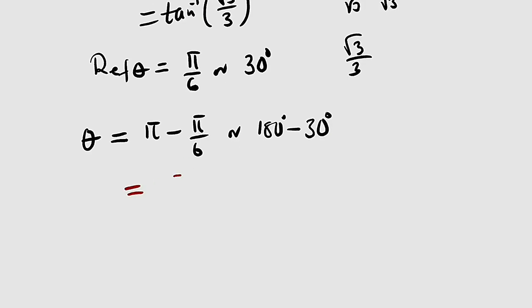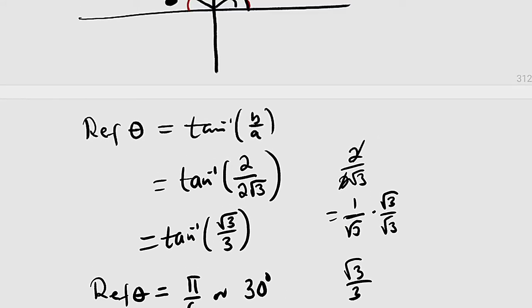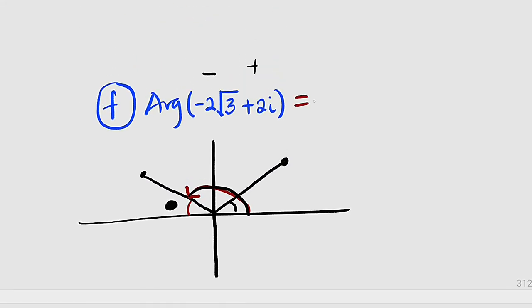This is equal to 5 pi by 6 or 150 degrees. And this is the angle between the standard position and this complex number. It is either 5 pi by 6 or 150 degrees.